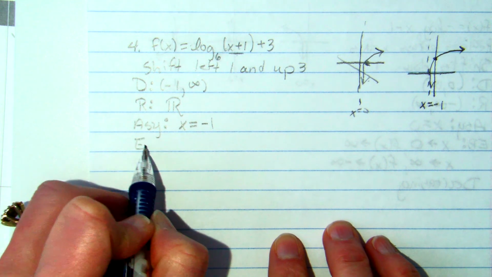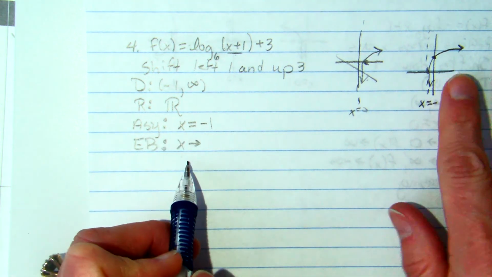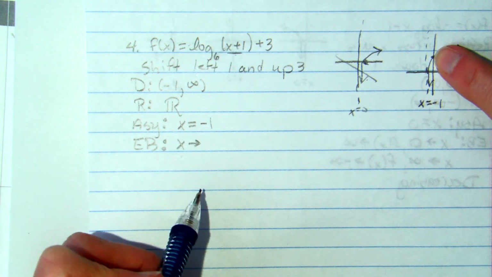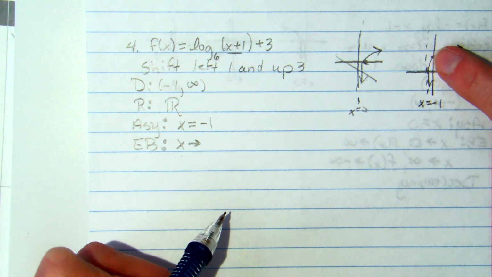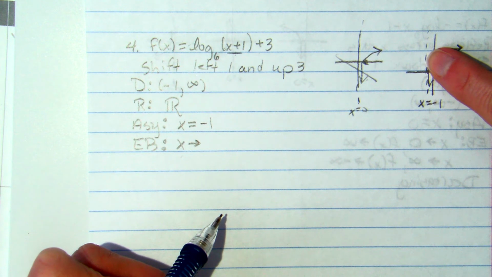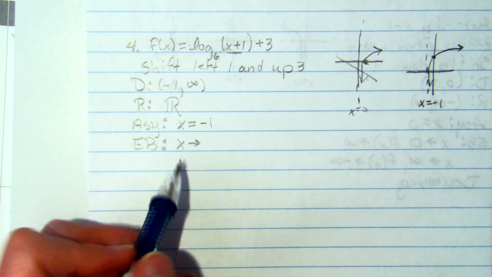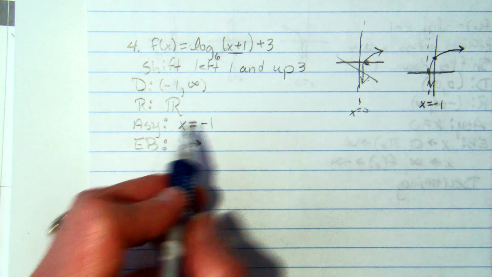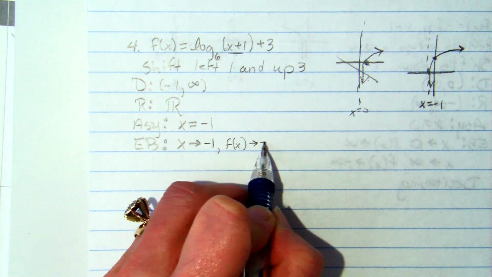My end behavior: go as far left as your x values go. As x is approaching that asymptote, it never goes past that asymptote. What's y doing? x is approaching negative 1, and y is going down. So as x approaches negative 1, f of x approaches negative infinity.